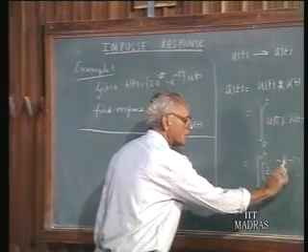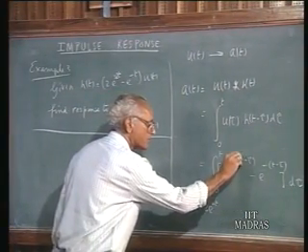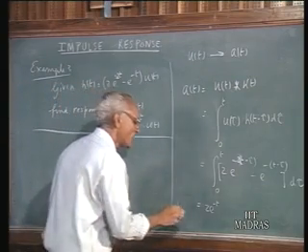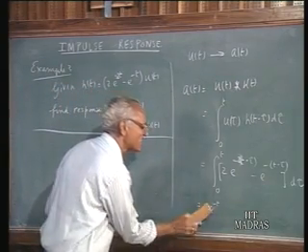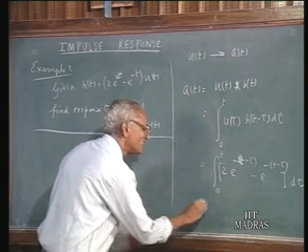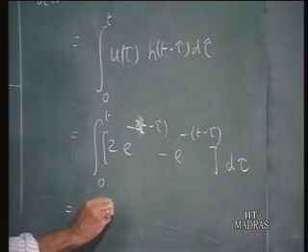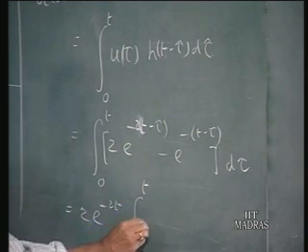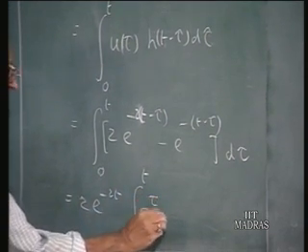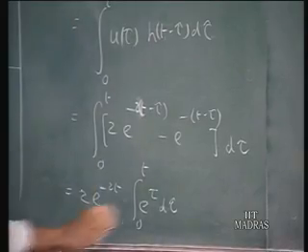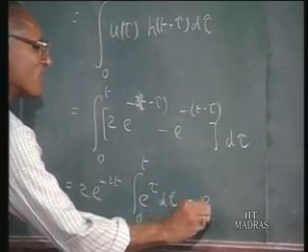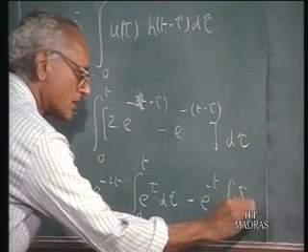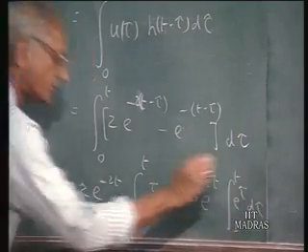Therefore this is minus 2(t-τ), otherwise there is no meaning in writing two things. Therefore you have 2e^(-2t) integral from 0 to t of e^τ dτ, that is one term, and then minus e^(-t), that is a common factor that comes out, integral of e^τ dτ from 0 to t.